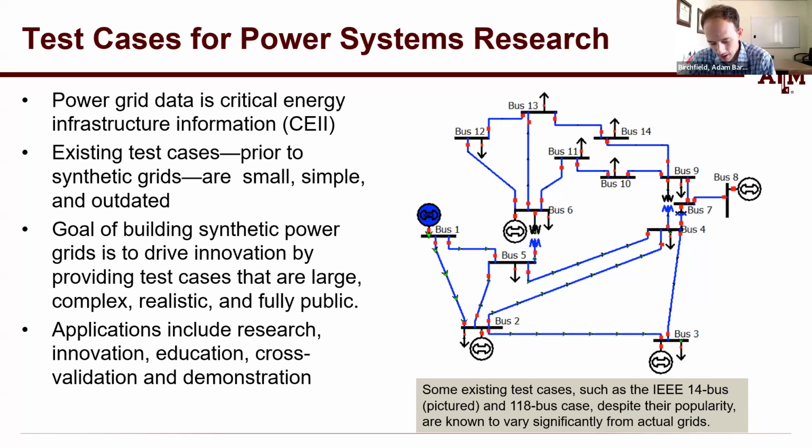There's no substitute. However, one of the big challenges in using real grid models is this designation of critical energy infrastructure information. This goes back essentially to the 9/11/2001 terrorist attacks, with a growing concern for security of critical infrastructure. So there are legitimate national security considerations at play.